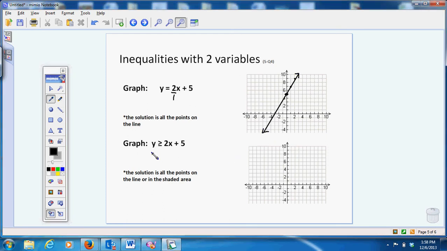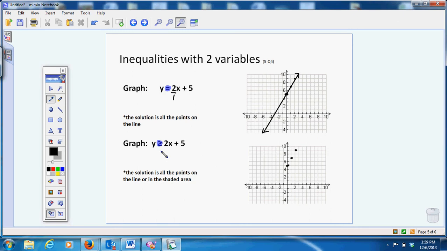Now, if I want to graph the inequality in two variables, notice the only difference is here I have an equal sign, here I have an inequality symbol. Okay? So it's still 2x plus 5, it's the same line, so I still start at the 5 on the y-intercept, count my slope, rise 2, run 1, rise 2, run 1.